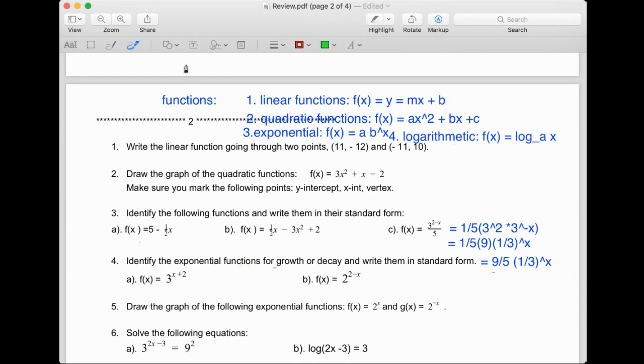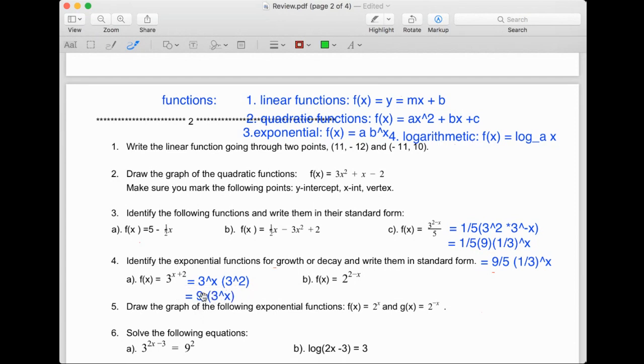Okay. Right, this is for exponential functions, so we can write this as 3 raised to x times 3 raised to 2. Then 3 raised to x we cannot simplify, but 3 raised to 2 we know. 3 raised to 2 is 9. That's 9 times 3 raised to x.